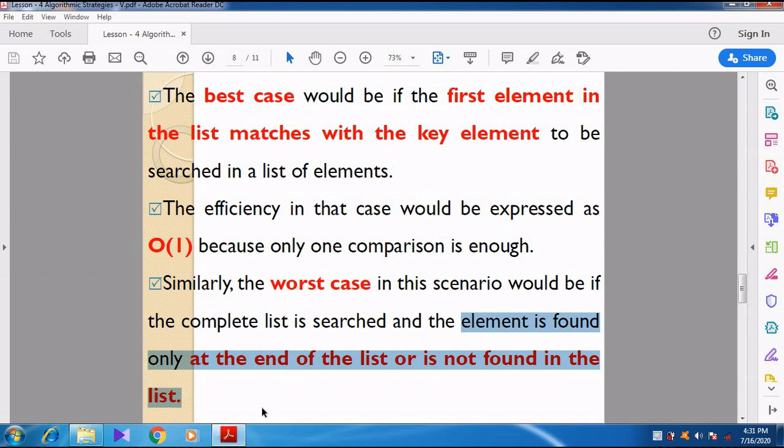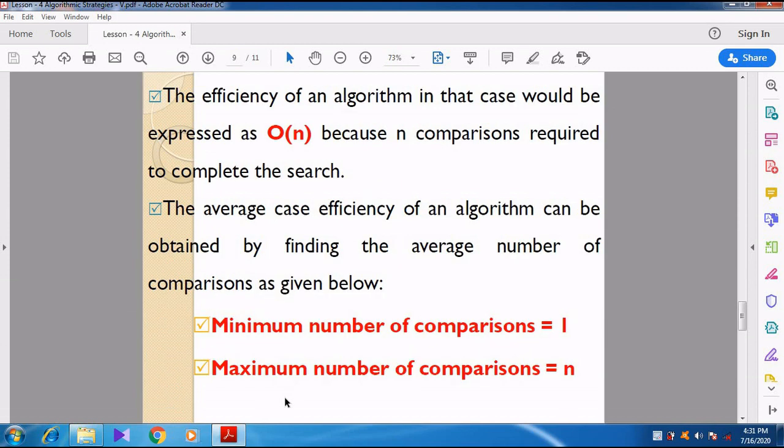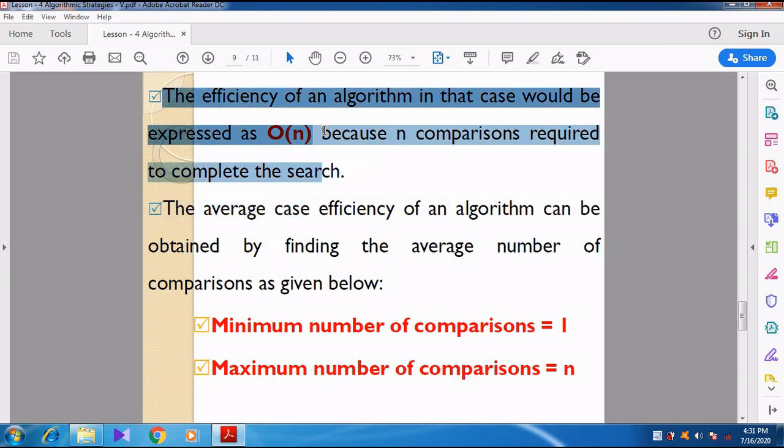Then that is called the worst case. The efficiency of the algorithm in that case would be expressed as O of n, because n comparisons are required to complete the search.